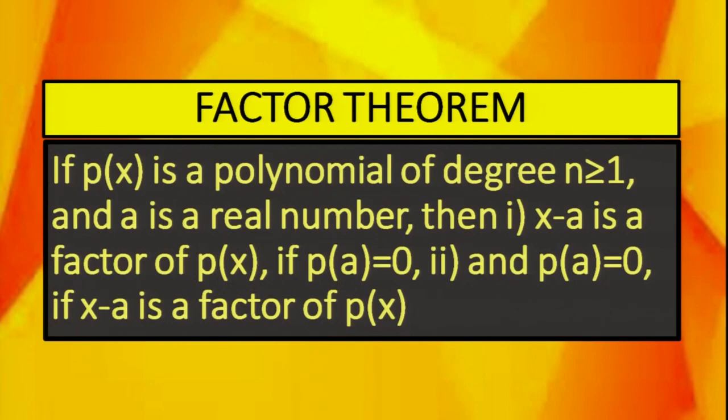The factor theorem says if P(x) is a polynomial of degree n greater than or equal to 1 and a is a real number, then first of all, x minus a is a factor of P(x) if the polynomial value at a is equal to 0.